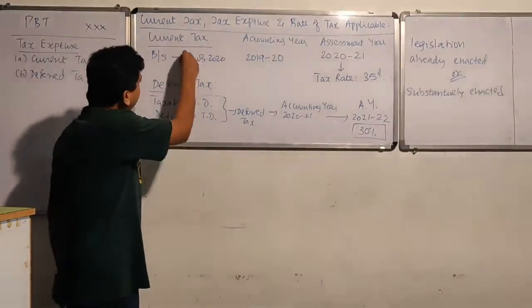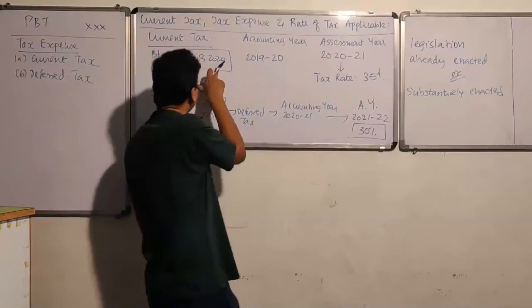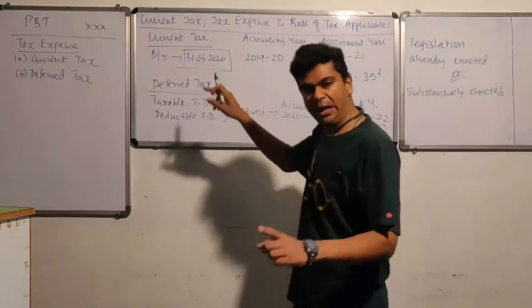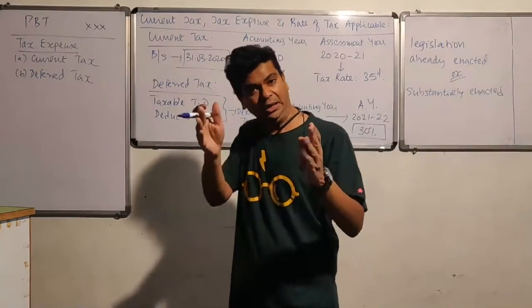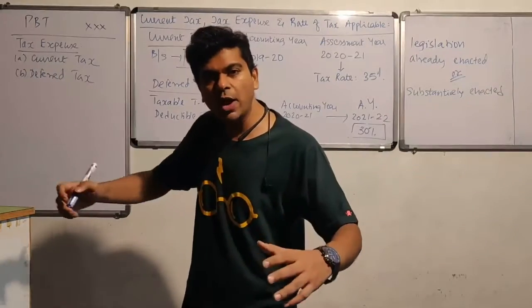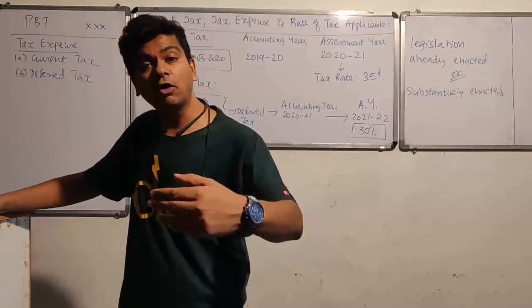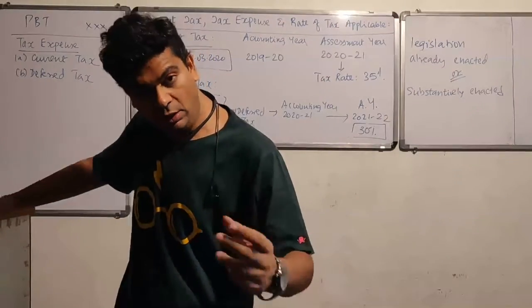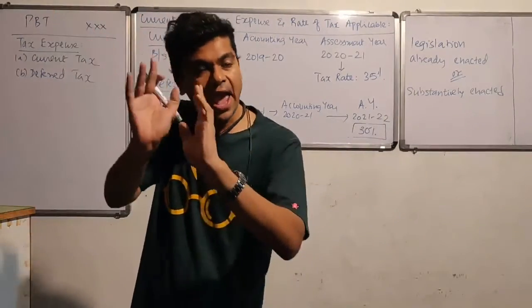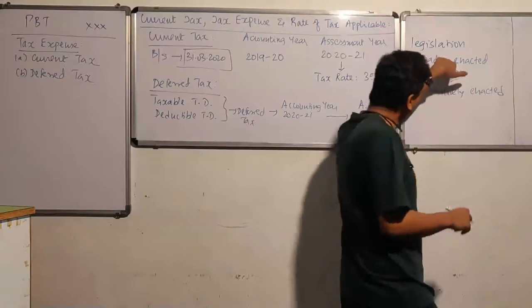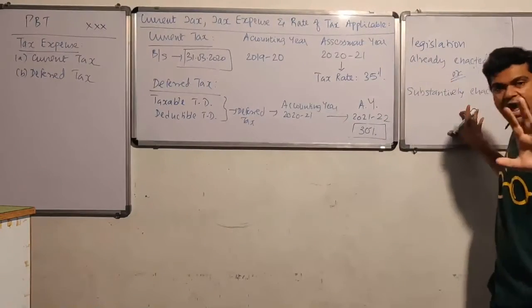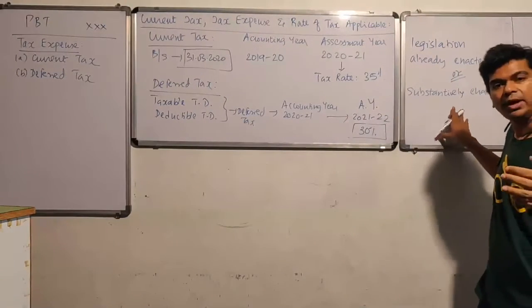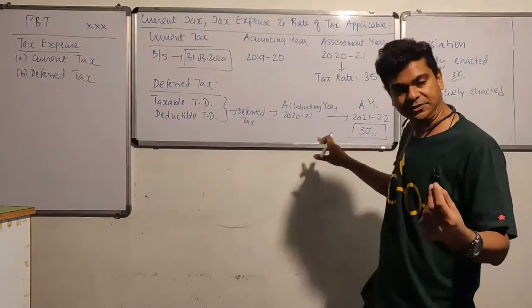You have to see this with reference to the balance sheet date. When you are preparing your balance sheet on 31st March 2020, are you already aware what the tax rate will be for the assessment year applicable for the next year? If that tax rate has already got enacted or substantively enacted, you may use that particular guidance.